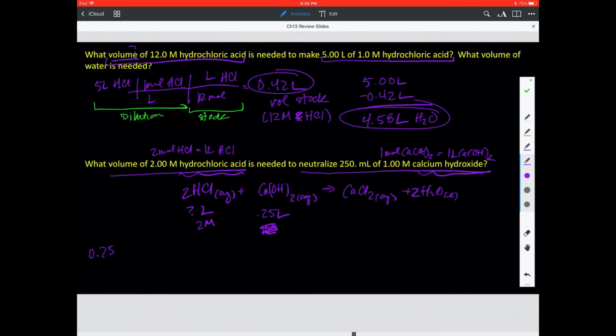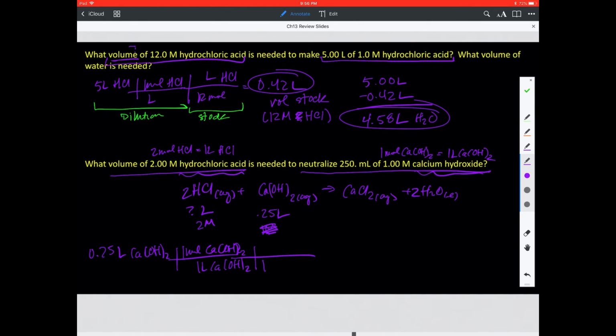So we're going to start with our 0.25 liters of calcium hydroxide. And then we are going to use our molarity. So 1 mole of calcium hydroxide for every 1 liter of calcium hydroxide.